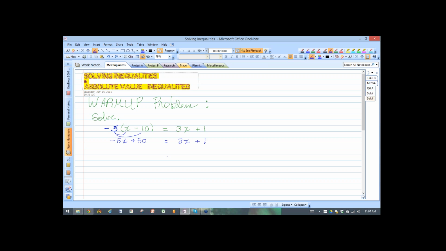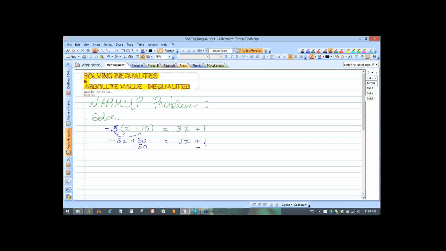Now here's the point when we start using our properties of equality to get x on one side and the constant terms on the other side. Remember, the goal is always to isolate x on its own side of the equation. So what I'm going to do first is move the 50. Let's get our constant terms onto the right side.